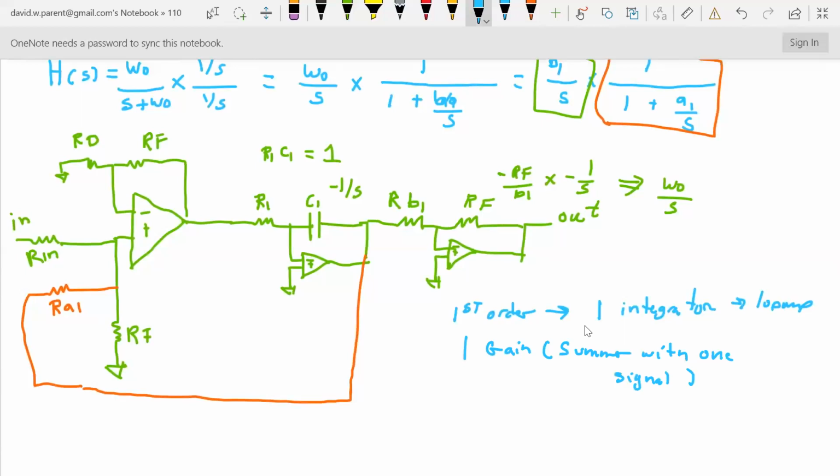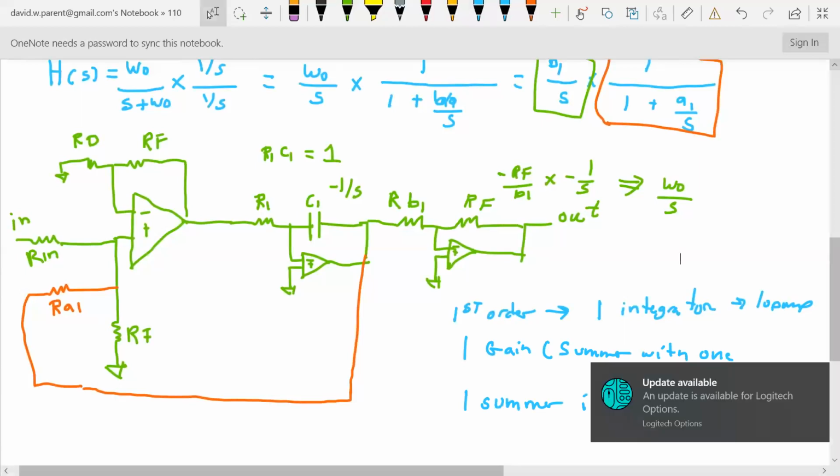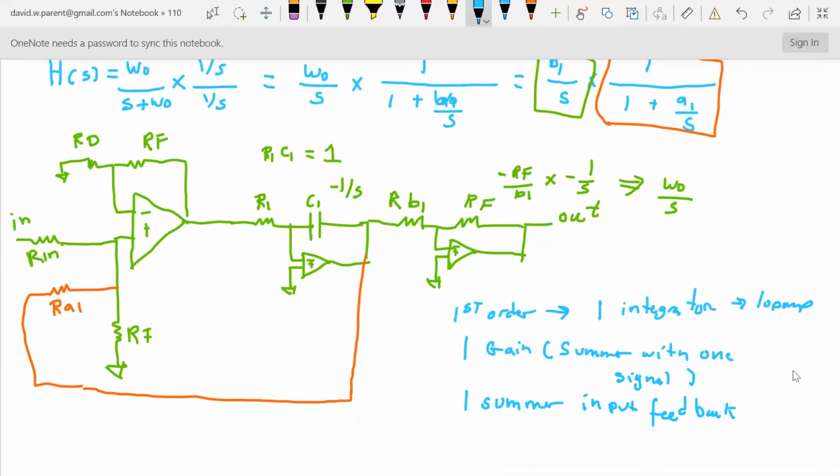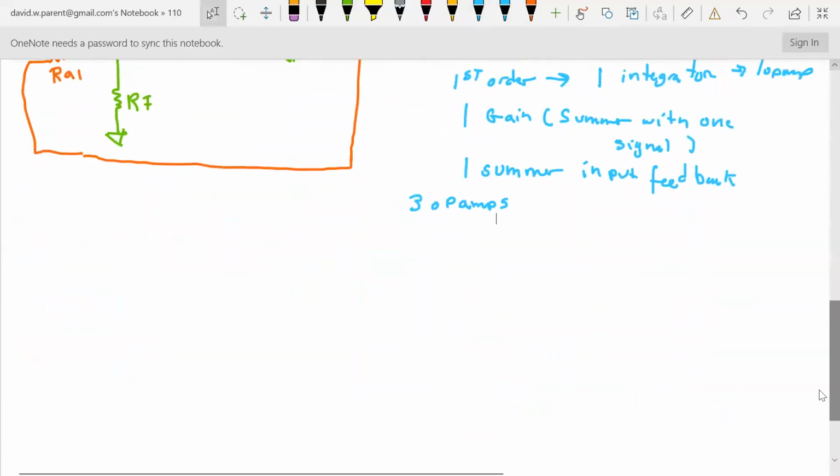Then I have another summer for one summer input and feedback. So here, three op amps, to do this low pass filter that you can do with this.